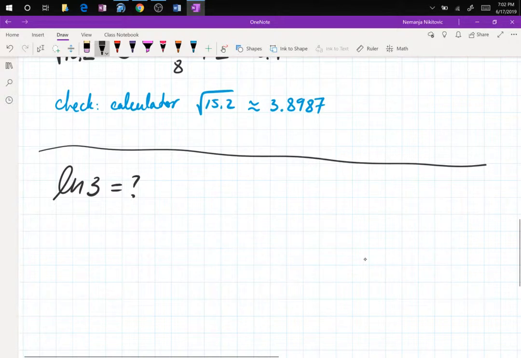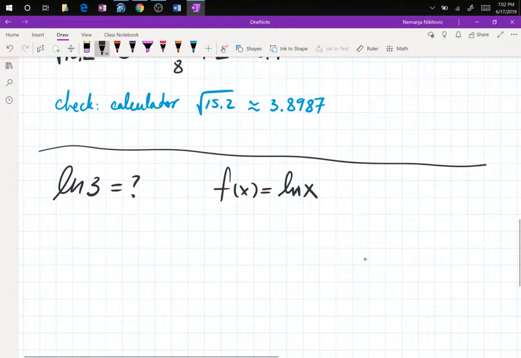So which value that's close to 3 works nicely with ln? e.